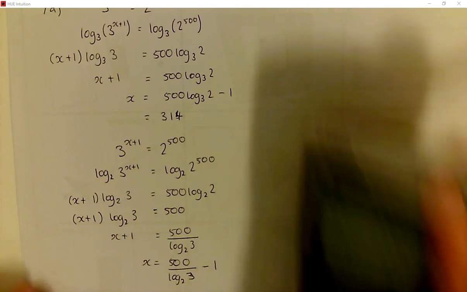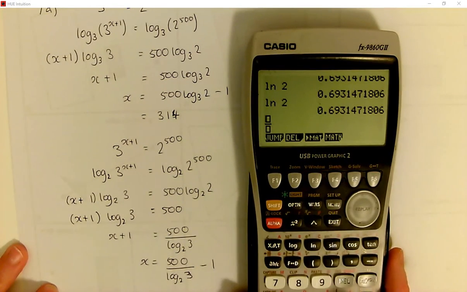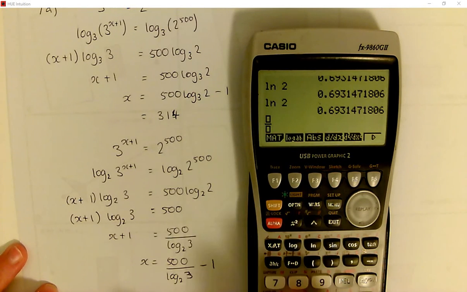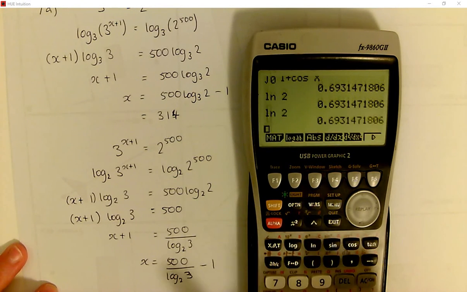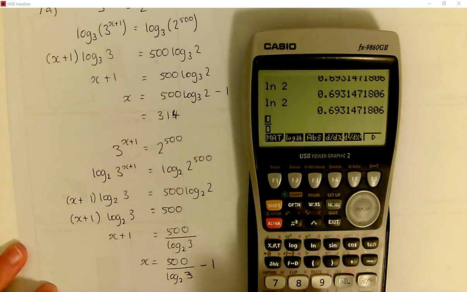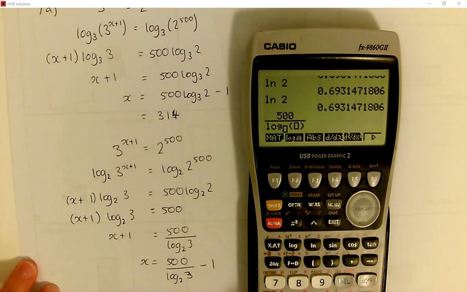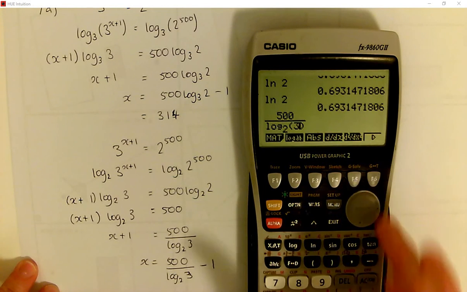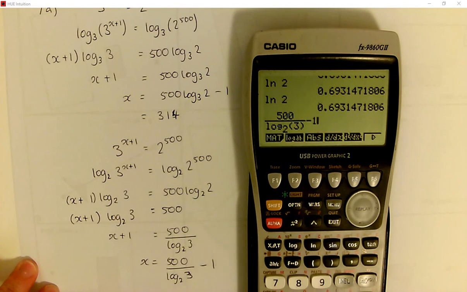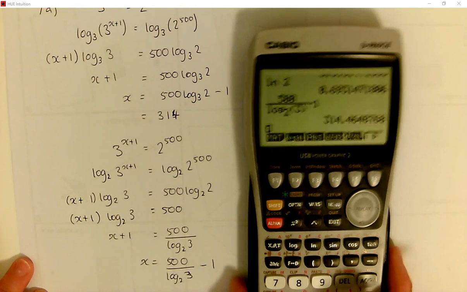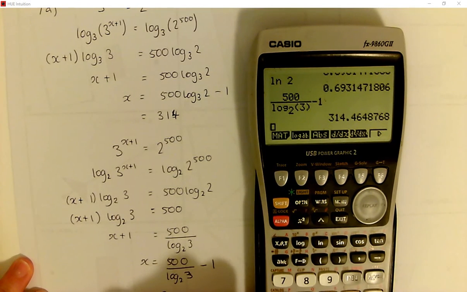And just to remind you, on your calculator you can find that in math, and you can see here the different logs. So I'm going to do a fraction, so we've got 500 over, and then we press the log button and it's log base 2 of 3, and then we want to subtract 1. Okay, and rounding to 3 significant figures is 314 again, as we'd expect.